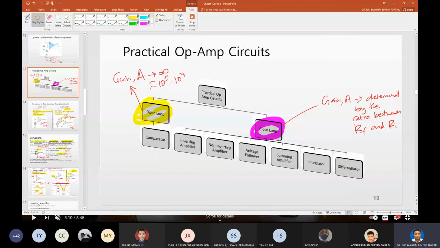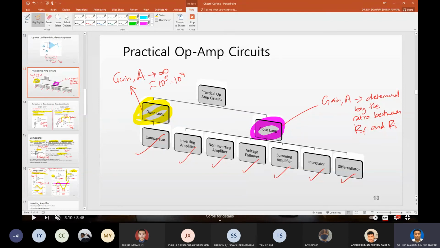So under open loop, we have only the comparator circuit, but under closed loop circuits, we have another series of circuits that we can have. We can have an inverting amplifier, a non-inverting amplifier, a voltage follower, a summing amplifier, an integrator and a differentiator.